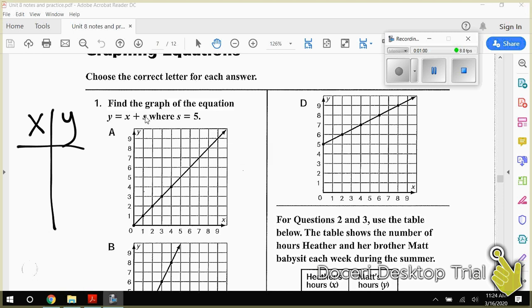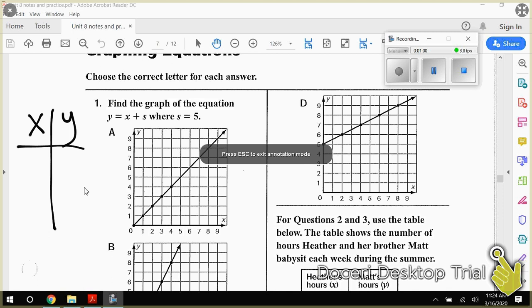Some of you might wonder, why did I put x on the left and y on the right? Well, y is our output, and our output value always goes on the right side of our table. Our input goes in first, and then we get these numbers out. It says equals y, so that means our output has to be on the right-hand side.